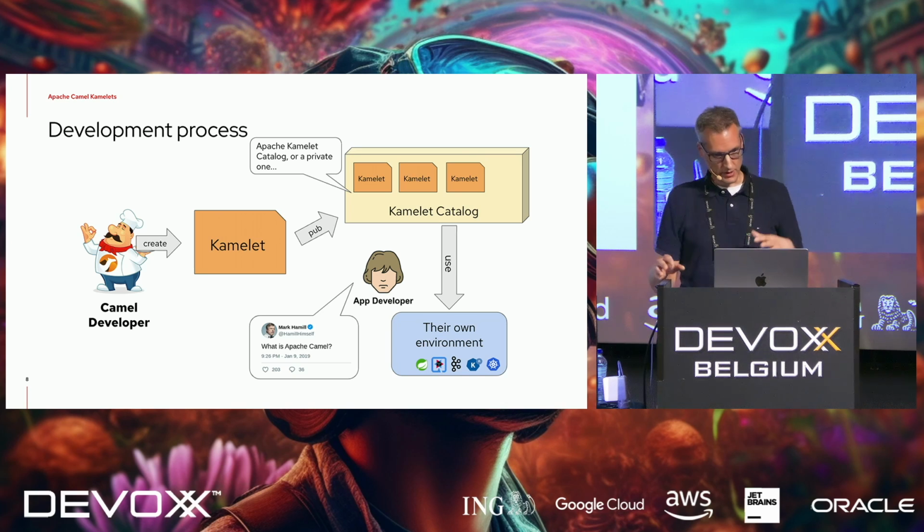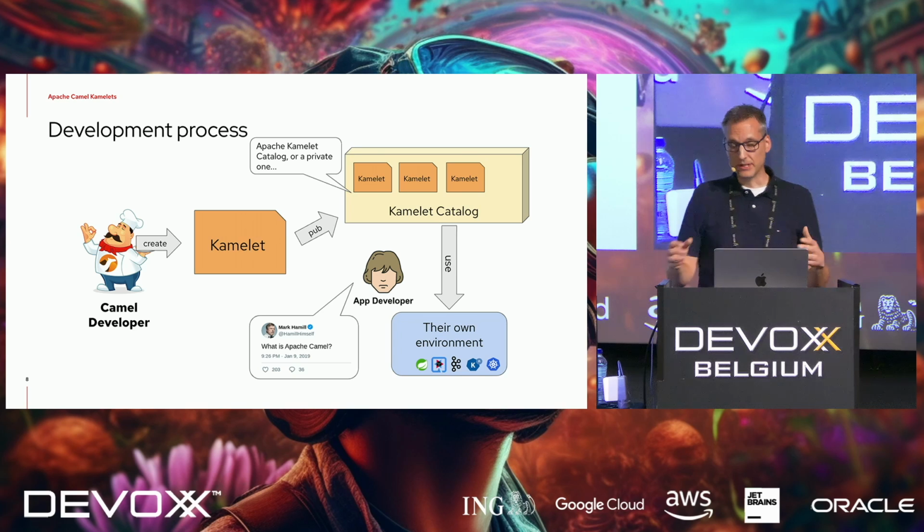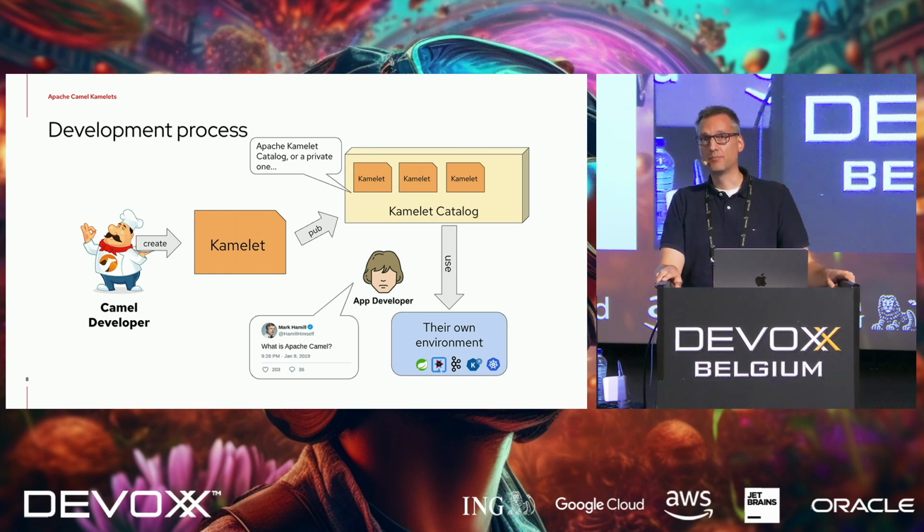All the complexity that may be linked to the integration problem that you want to solve might be hidden, and you just use the Camelet and put it into your environment, whatever you are writing. You could be writing an event-driven application. You could also use this in an arbitrary server-side application with a REST endpoint or something like that.